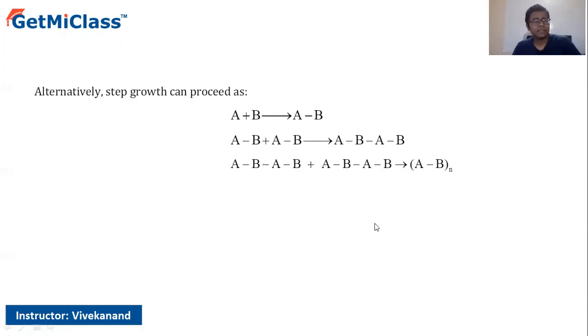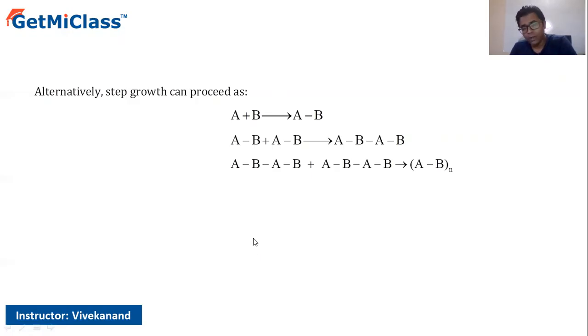Alternatively, this step growth process can be explained by monomers reacting to give a dimer, the dimers further reacting with another dimer to give molecules of a bigger sequence. When this sequence goes on reacting with n number of those molecules, it gives rise to the polymer.